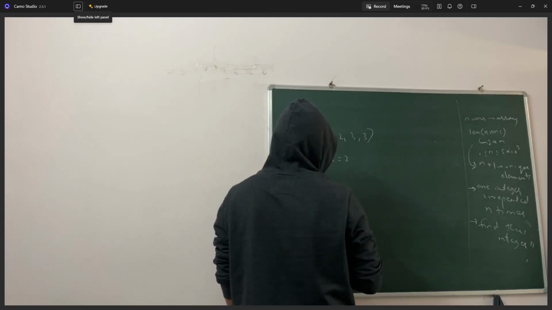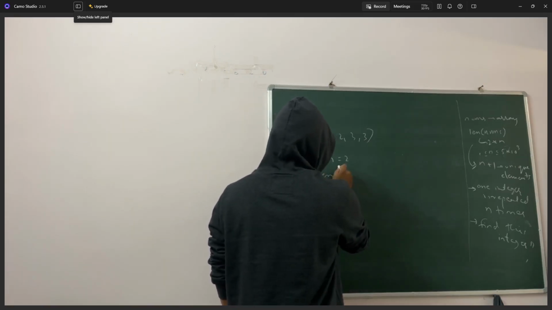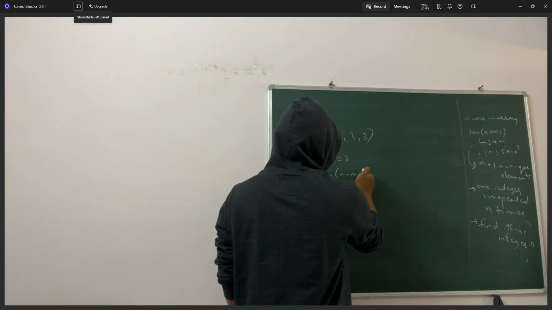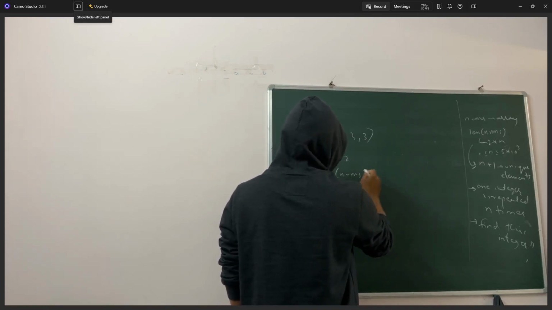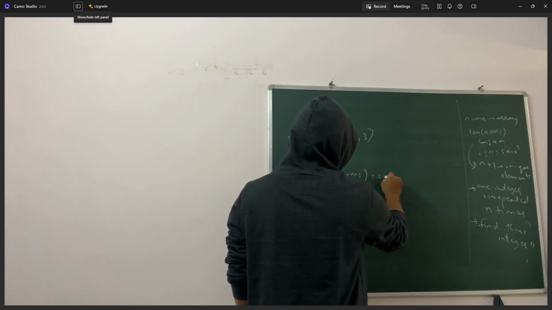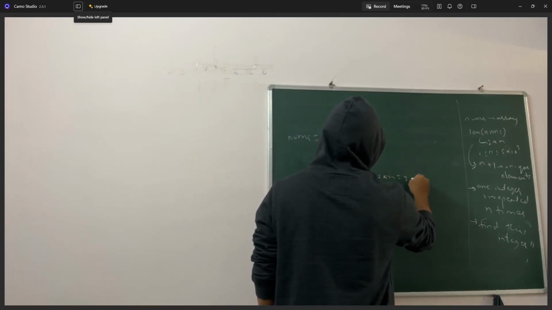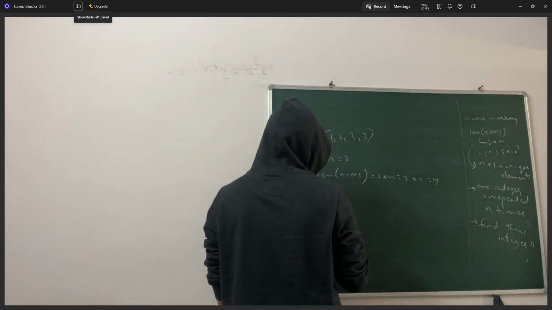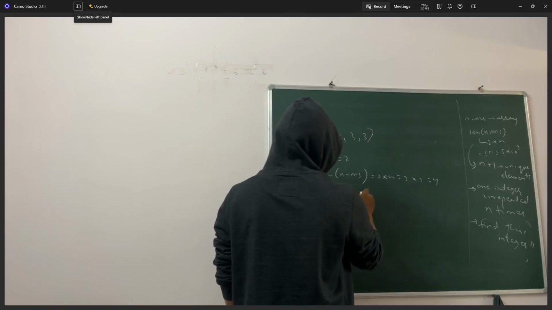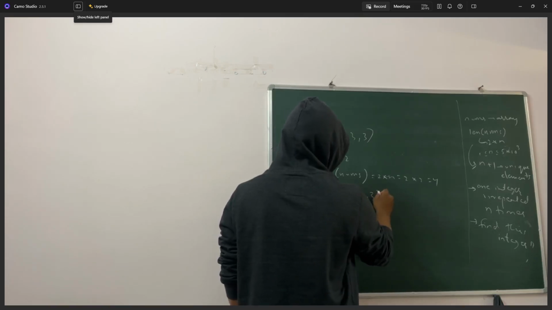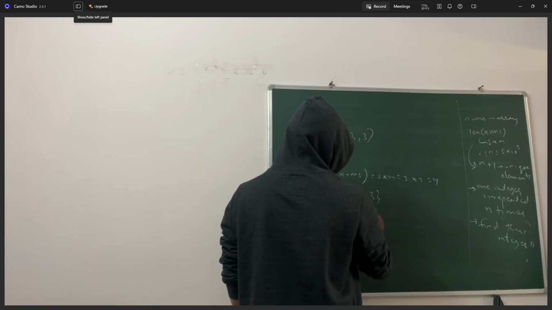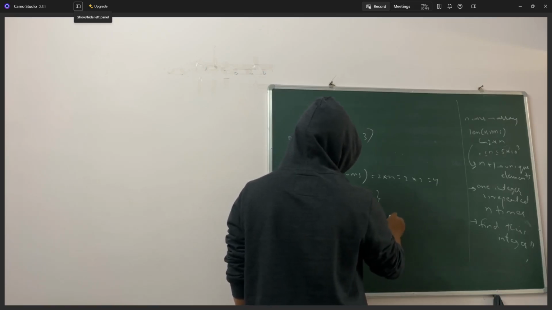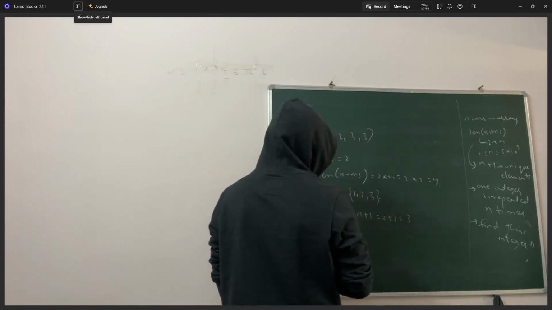Here n is 2, so length of nums is 2n, which is 2 into 2, which is 4. We have 1 2 3 3. And if you see uniqueness, we have 3 unique elements, which is n plus 1, which is 2 plus 1, which is 3.